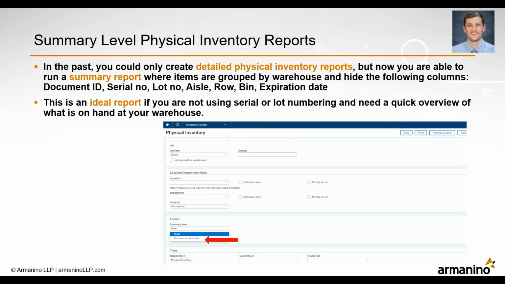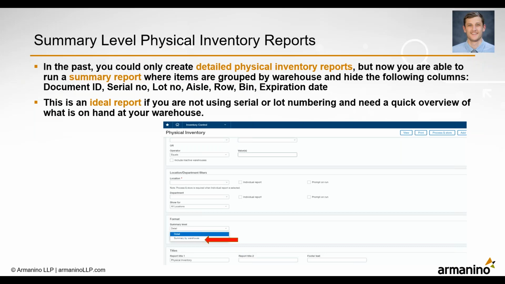Next, let's talk about the summary level physical inventory report. We all know that this report used to be able to run by detail. Now with this new release, you're going to be able to run a summary report where items are grouped by warehouse, and they hide these following columns: document ID, serial number, lot number, aisle, row, bin, expiration date.